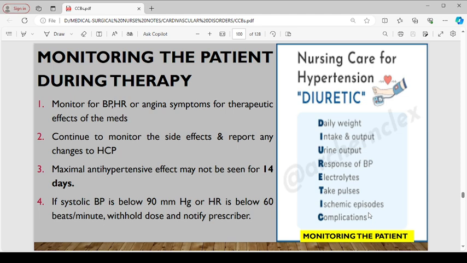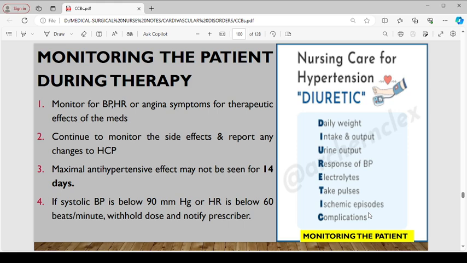So in monitoring this patient, you have to ensure that you are looking at their blood pressure, heart rate, and also the angina symptoms, just to assess the therapeutic effects of this medication. Remember, you have to continue to monitor the side effects and report these changes to the healthcare provider. Remember, you have to tell the patient that the maximum antihypertensive effect can only be seen after 14 days.